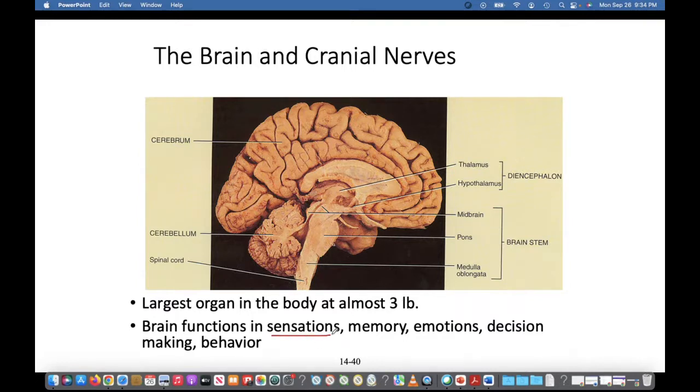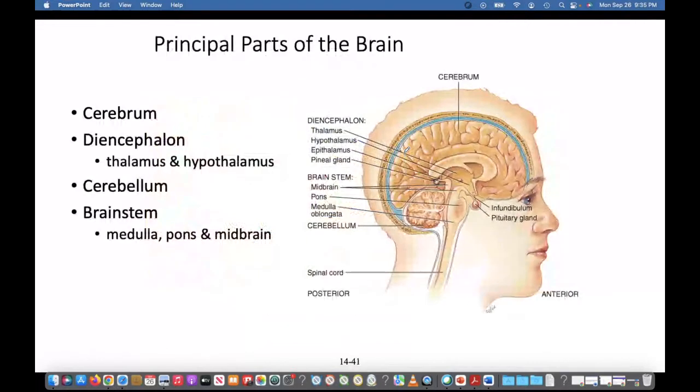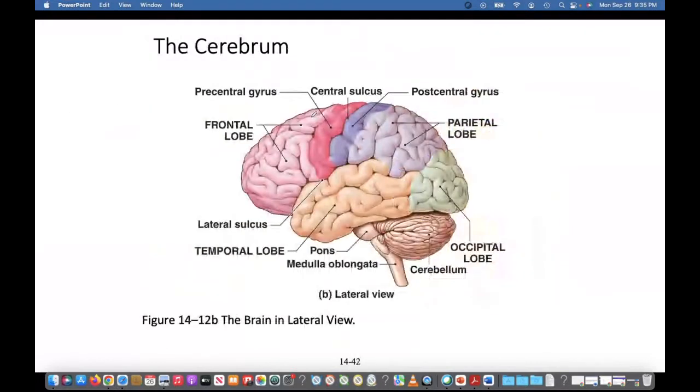It's involved in sensation, your memory, your emotions, your decision making, your behavior, your hearing, seeing, your ambition, your drive, breathing, heart rate, balance, coordination. It does so many different things, and each of these centers of the brain is responsible for a different type of function. Okay, but for now, let's take a look at some of the main parts.